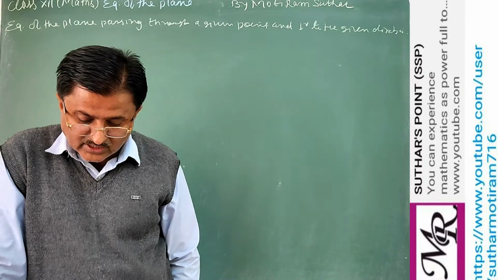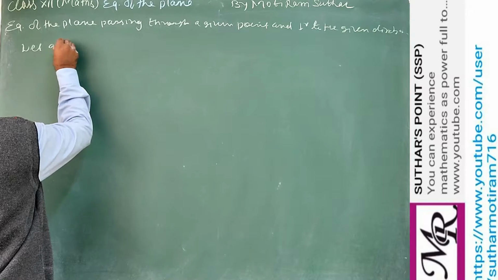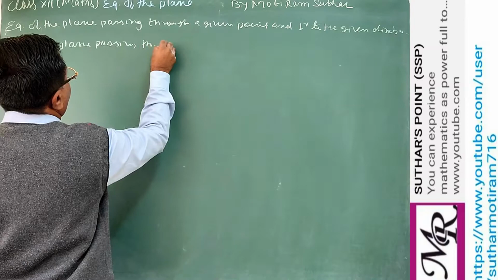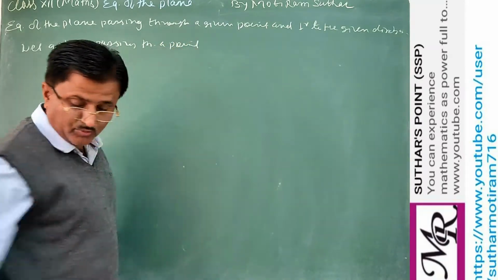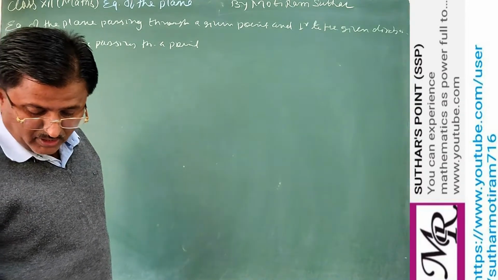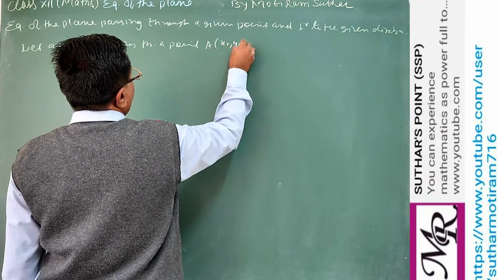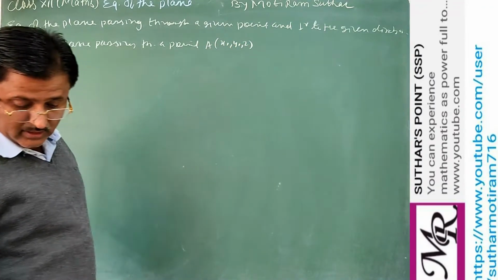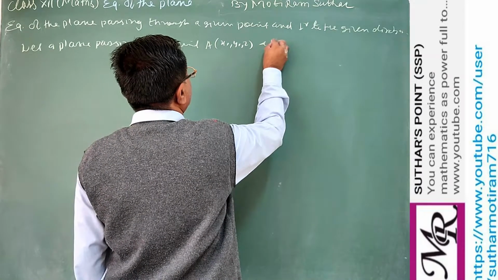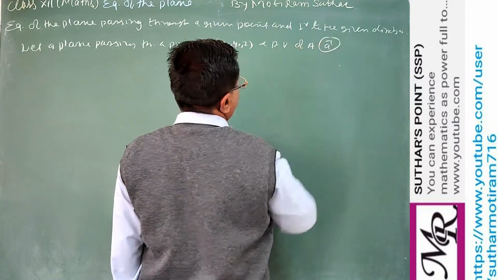Clear? So let a plane pass through a point. Suppose the point we are taking as A with the coordinates x1, y1, z1. And its position vector is vector a.